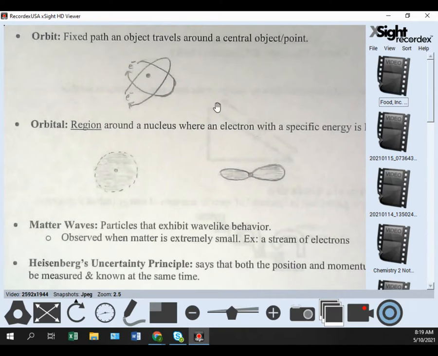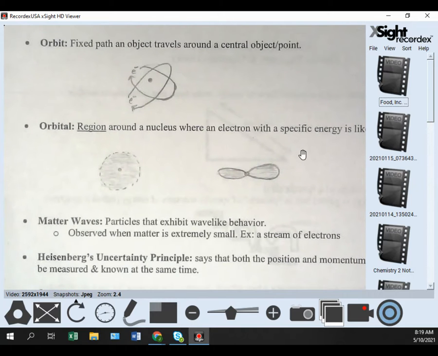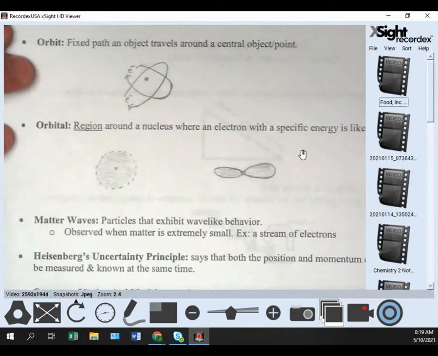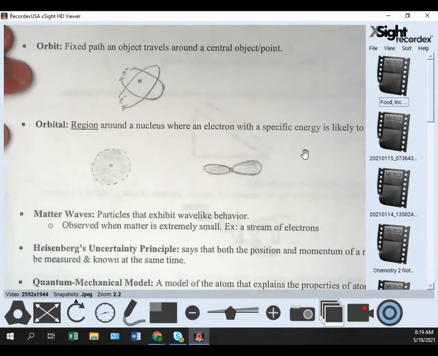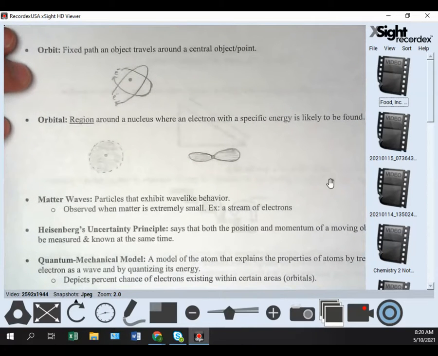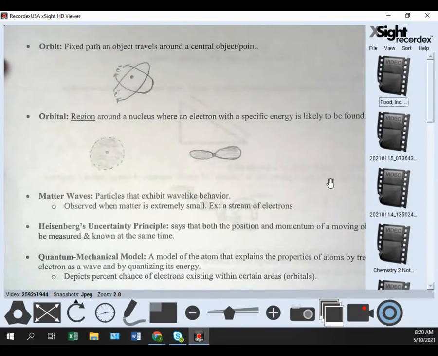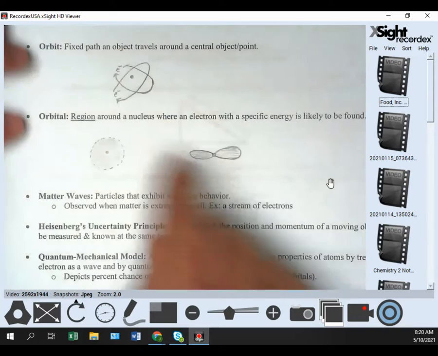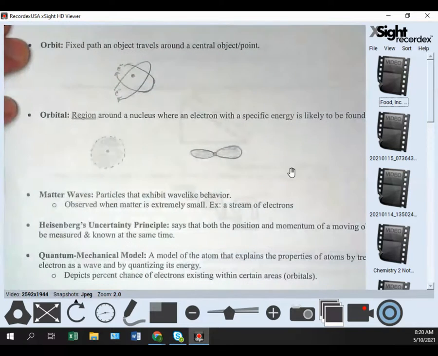An orbital is a region around a nucleus where an electron with a specific energy is likely to be found. I'm sure that orbital comes from orbit, because the original idea was that electrons orbited around the nucleus.